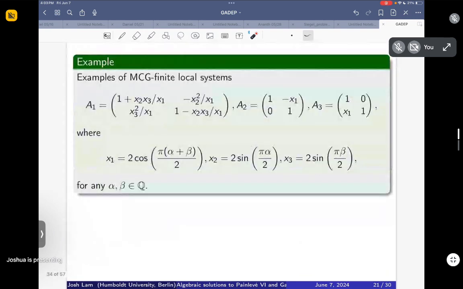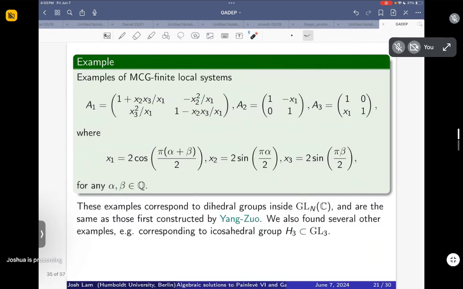This is the example from before, so let's revisit it. It will fall into the second class, so it should correspond to some finite complex reflection group, and the point is that all of these correspond to the dihedral group. So here, GL_n should just be GL_2.